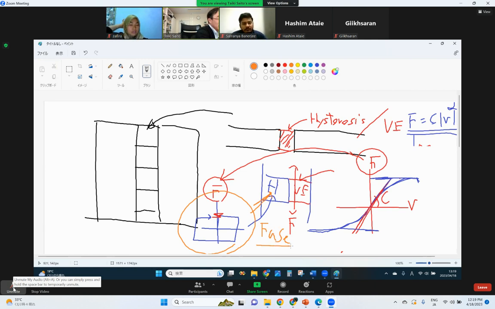A fuse is an electric device that breaks in case of excessive electricity, right? So it's the same mechanism. If the damping force goes over this limitation, this steel part will go nonlinear, and the damping force doesn't increase anymore.